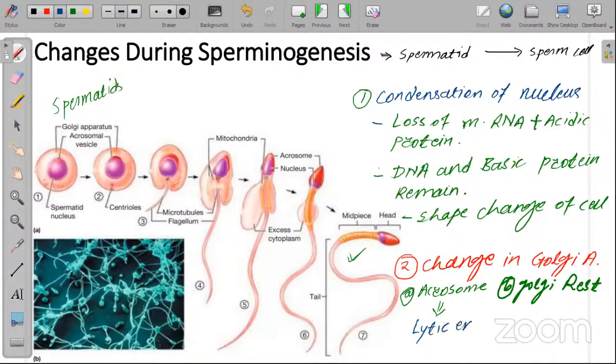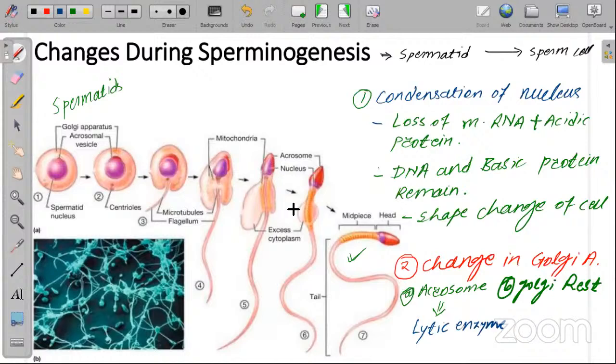Lytic enzyme. Then what is the function of lytic enzyme, guys? This lytic enzyme is responsible for breaking the wall of the egg cell during the fertilization process. मतलब जब fertilization process होता है, at that time this lytic enzyme is useful to break the wall of the egg cell.